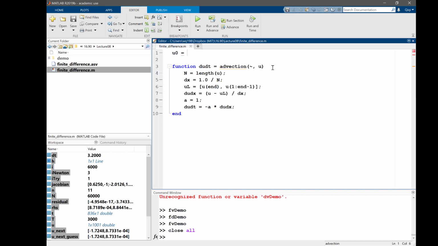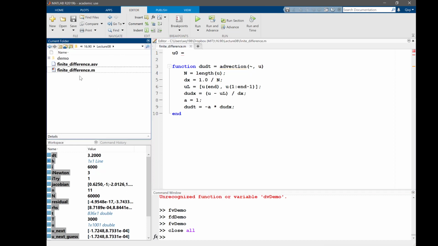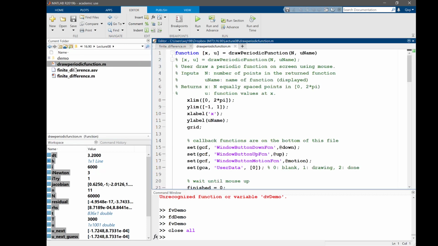Initial solution. Let's actually, I think I have a draw periodic function here, right? That actually says that n and u name.